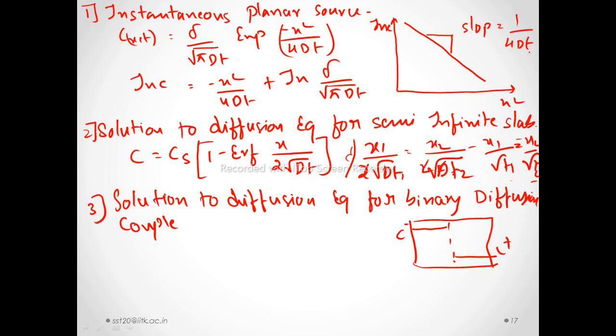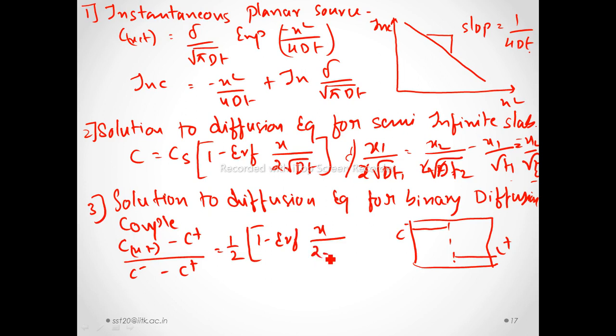By variation we can get it as (C(x,t) minus C plus) divided by (C minus minus C plus) equal to 1 by 2 into 1 minus error function of x by 2 into root Dt.